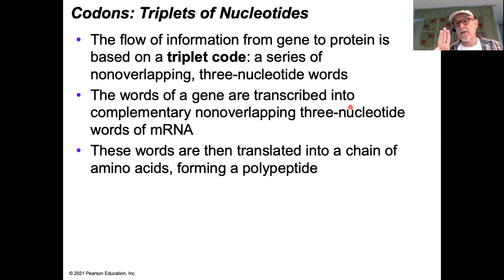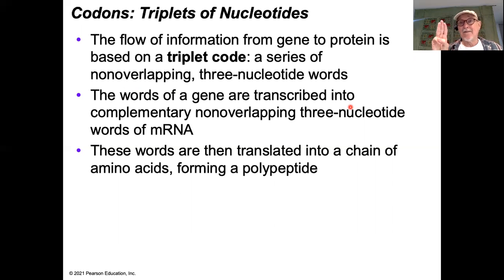And very, very importantly, and this is just a simple concept but it's easy to forget, the triplets lie next to one another. The triplets do not overlap. They are sequential triplets, non-overlapping. And those triplets are first of all transcribed to messenger RNA.